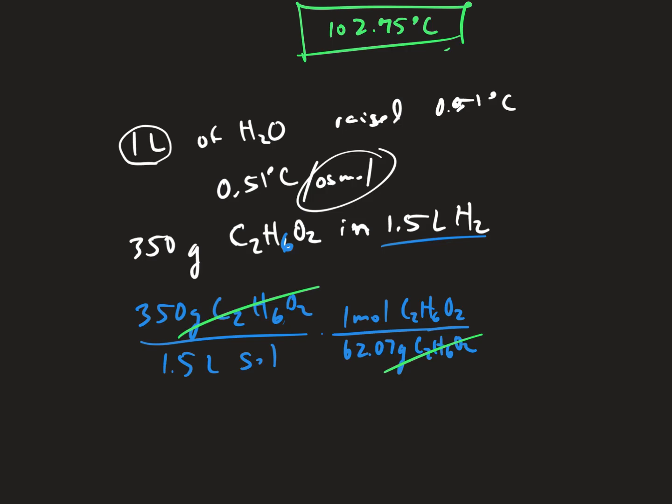To find osmolarity, what do we multiply by? It's gonna be 3 now. 3? Well, on this one, because you have 3 carbon, hydrogen, and oxygen. Be careful. What kind of compound is this?